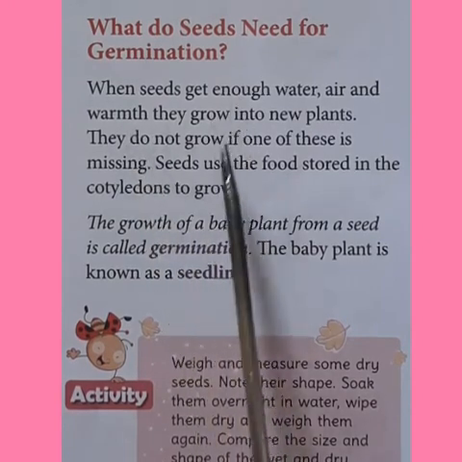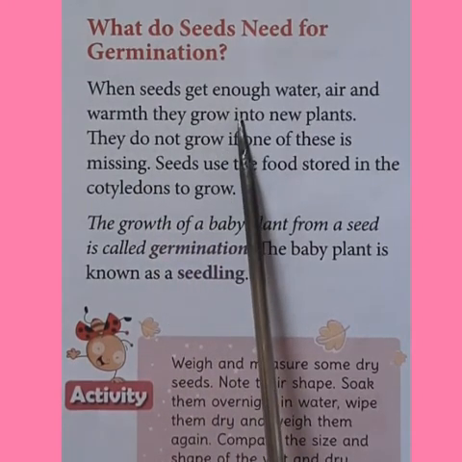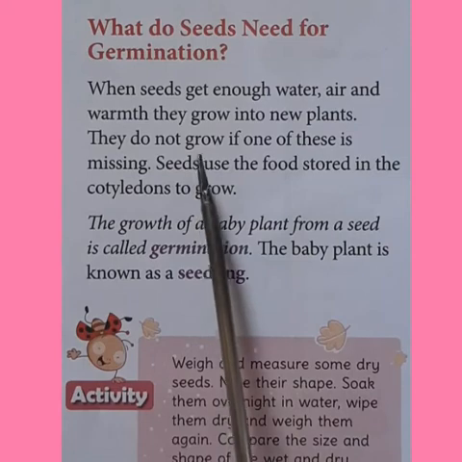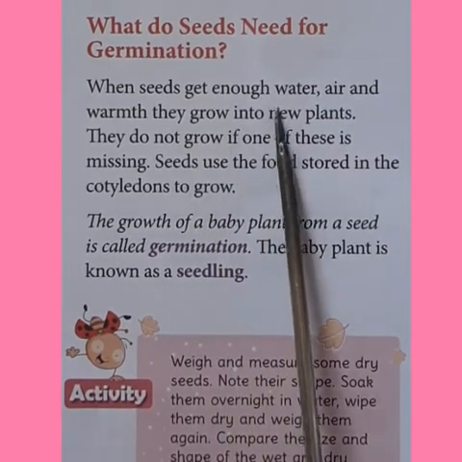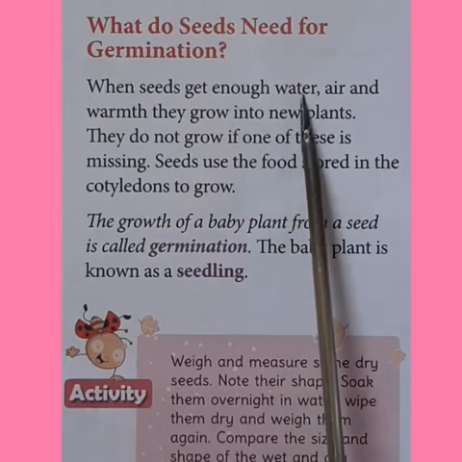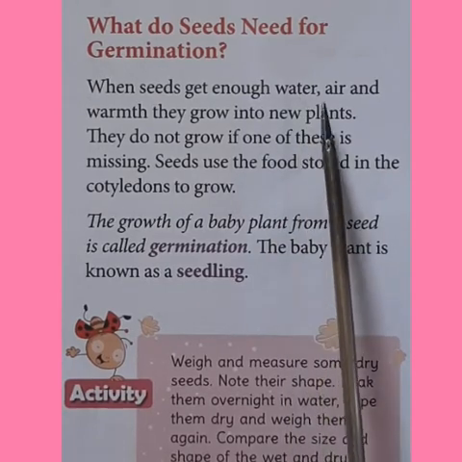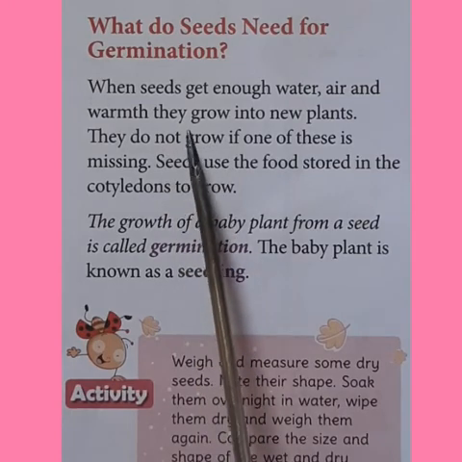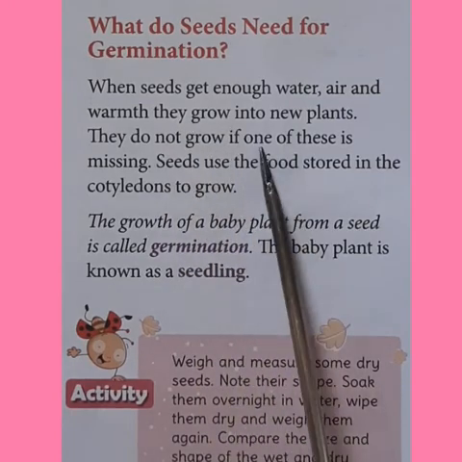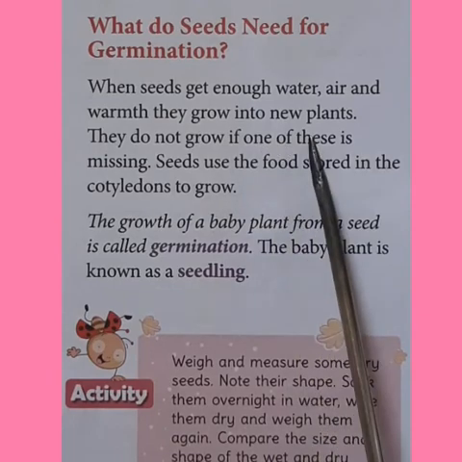Then only it will grow into a new plant. They do not grow if one of these is missing. If any one thing out of the three, it may be water or air or warmth, is missing, then the seed will not grow into a new plant.